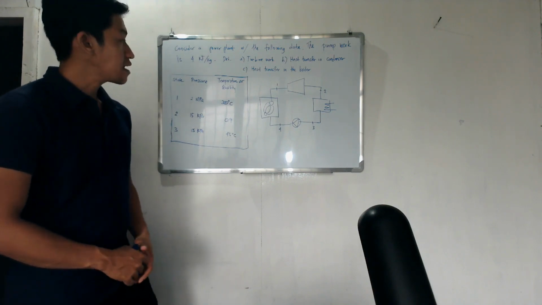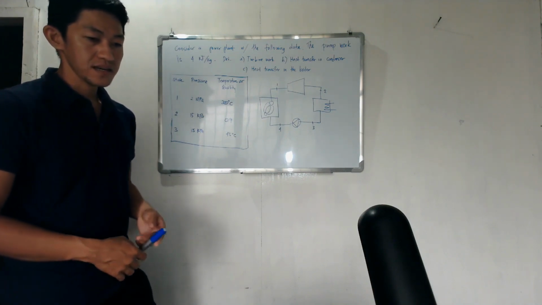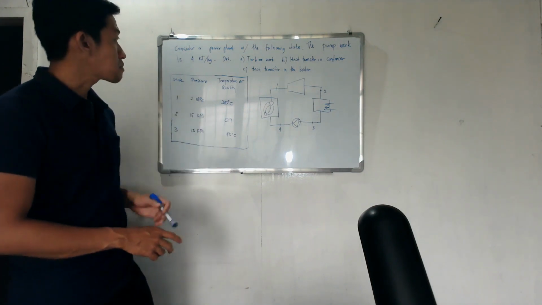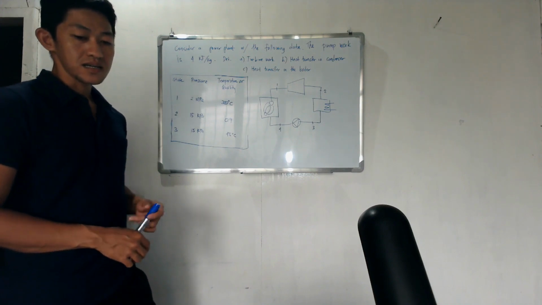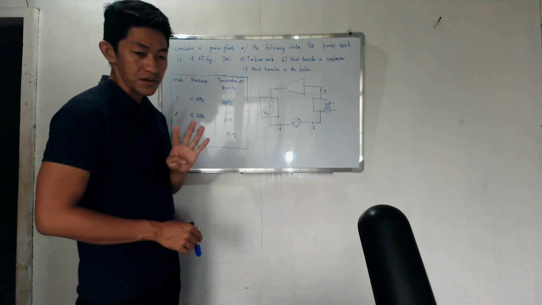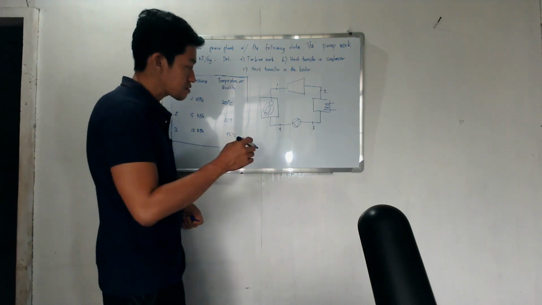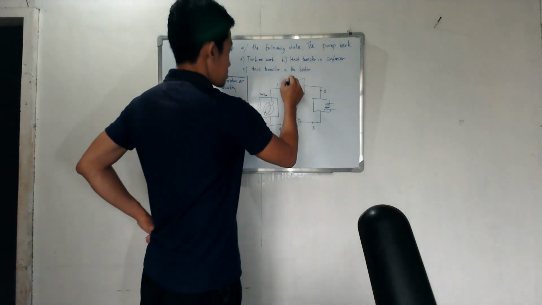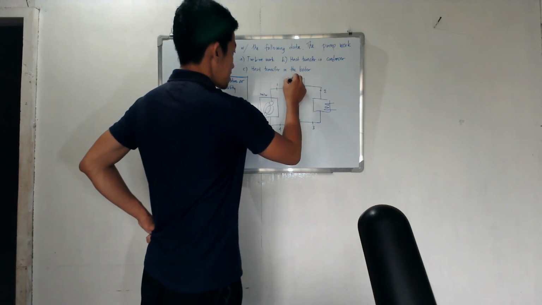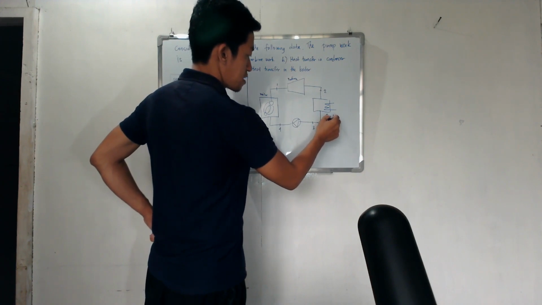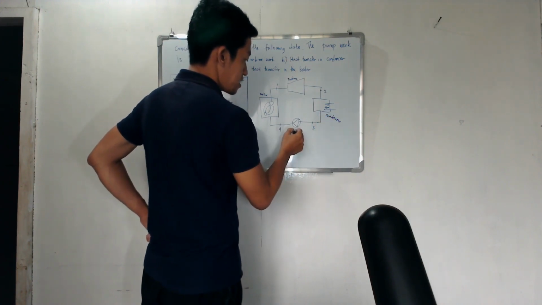Okay, so let's apply the analysis for control volume in a power plant. In a simple power plant, you have four main components. This is your boiler, and this one is your turbine. After the turbine, you have the condenser, and then you have the pump.